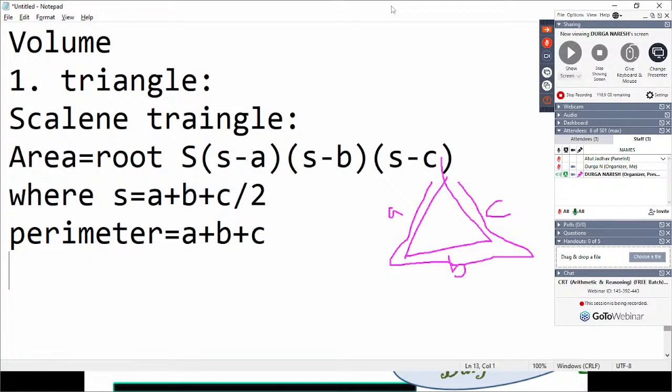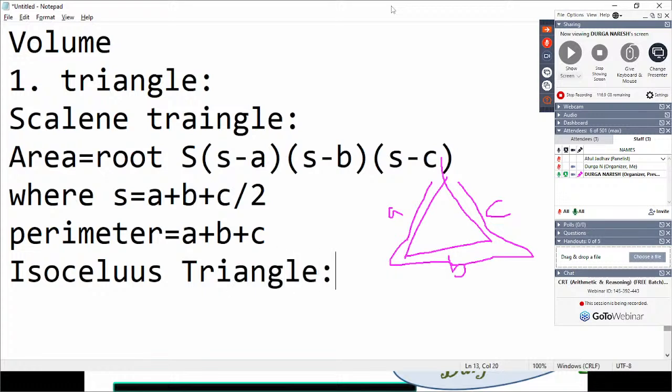Okay, second one, isosceles triangle. Isosceles triangle means any two sides are equal. If the two equal sides are a, the base is b.